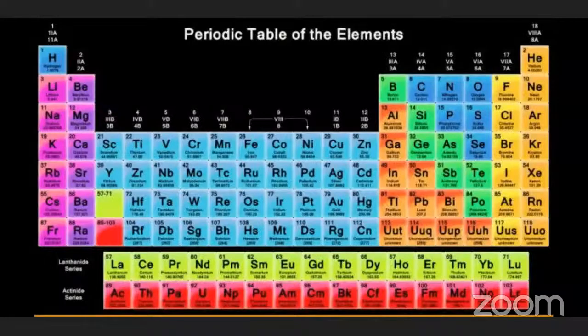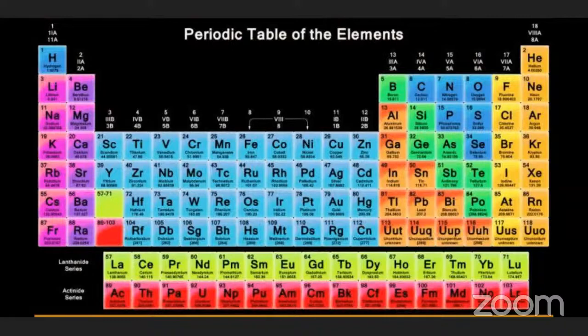At the top, the left side has hydrogen and the right side has helium. That is the only inert gas which contains only 1s2 electronic configuration.